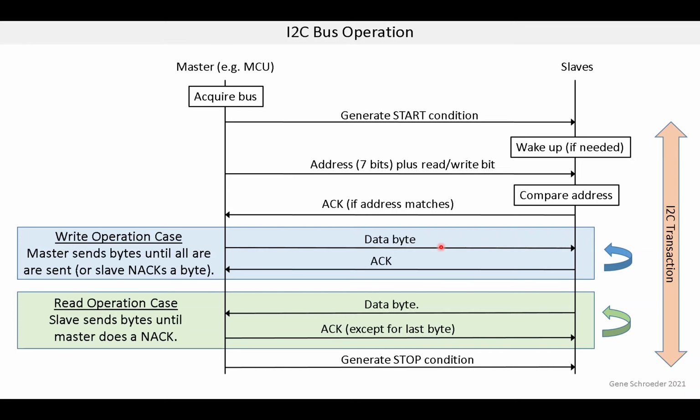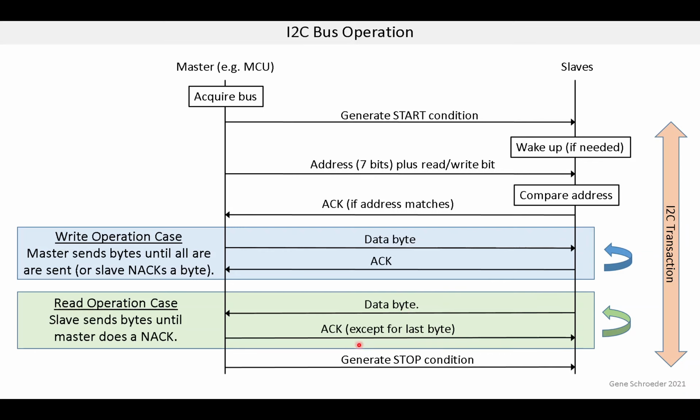Again, the absence of an ACK is viewed as a NACK. For a read, it is normal for the slave to send bytes until the master has what it wants. The master NACKs the last byte, and the slave knows that data transfer has ended. So in both the read and the write cases, the master generally controls how many bytes are transferred.